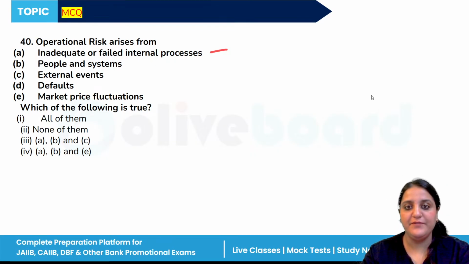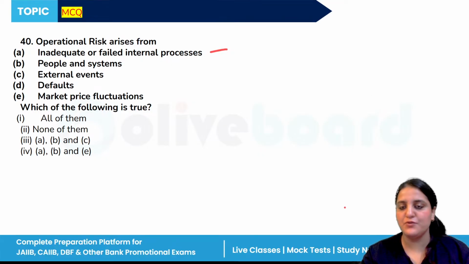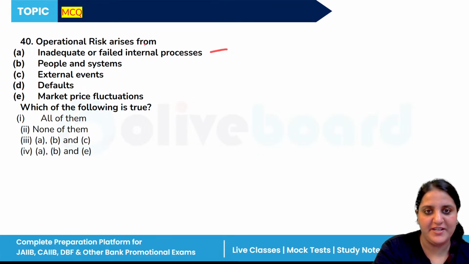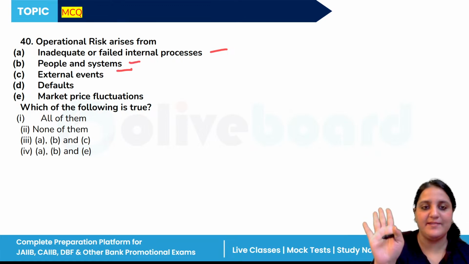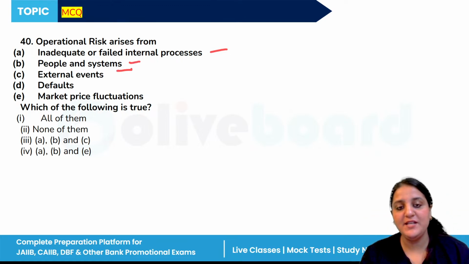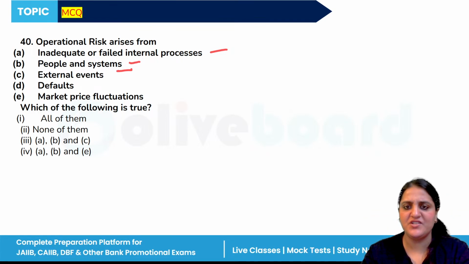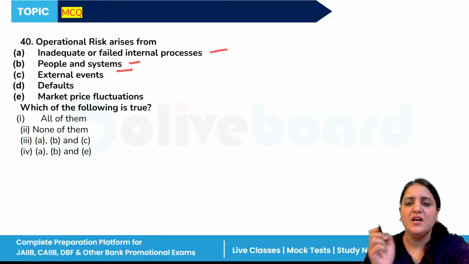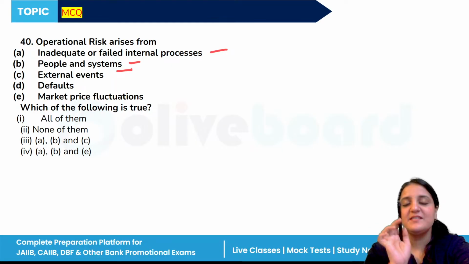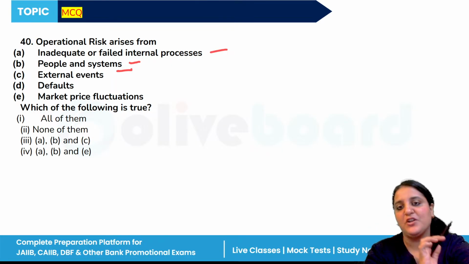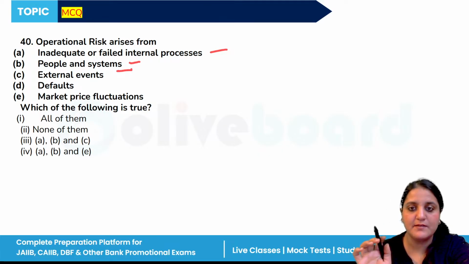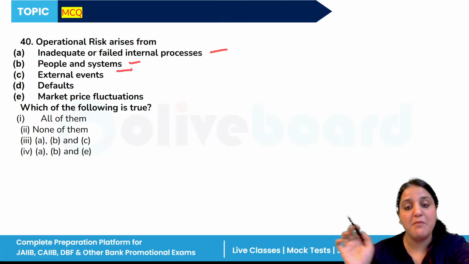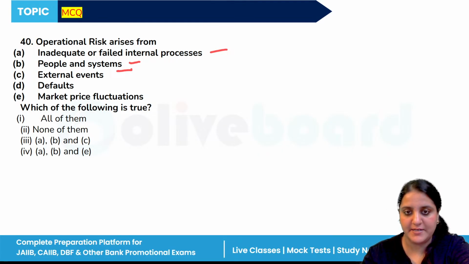Then people and systems, due to frauds and technology failure. External events, yes. Defaults and market price fluctuations are not part of it: defaults are part of credit risk, and market price fluctuation is part of market risk, right?